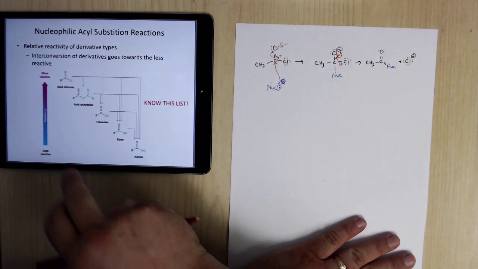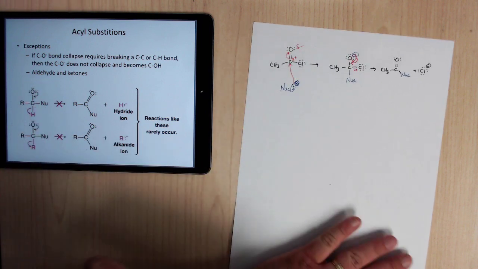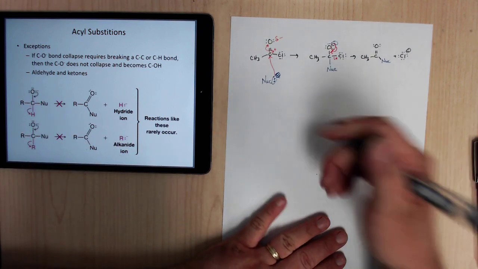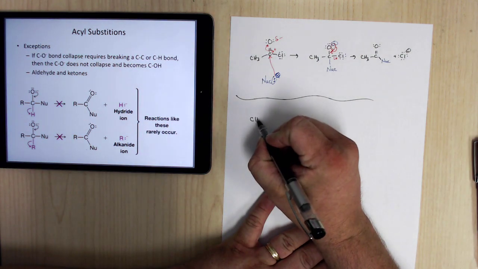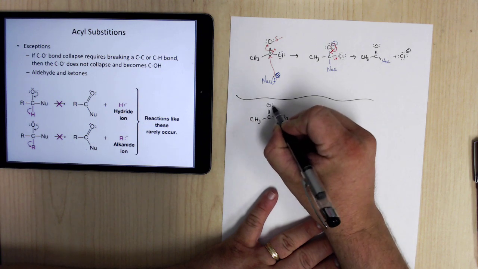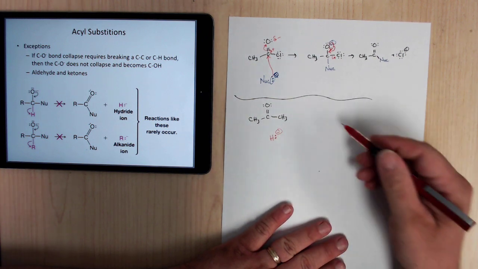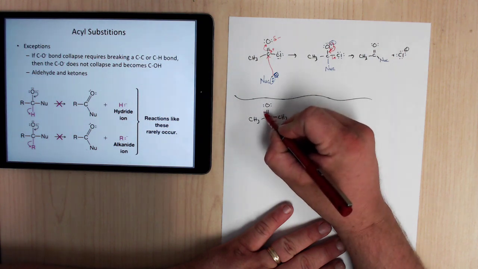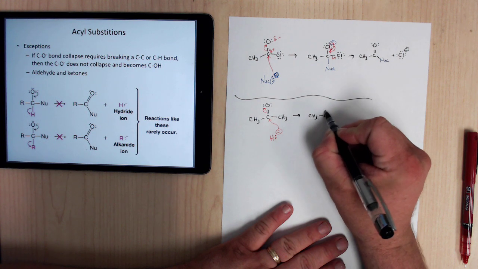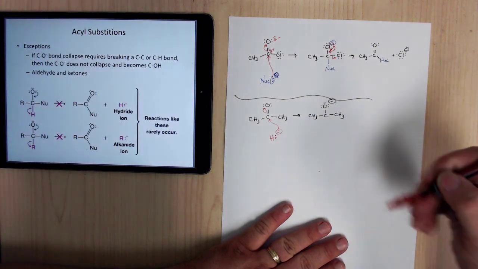So what ends up happening is, during the workup at the end of the reaction, this part here becomes an OH. So what you would have is, if you had, say, acetone, and you had a hydride source, so say lithium aluminum hydride, that's going to attack here, that's going to kick up to make your tetrahedral intermediate like this.